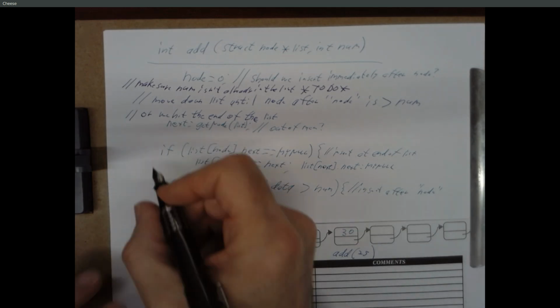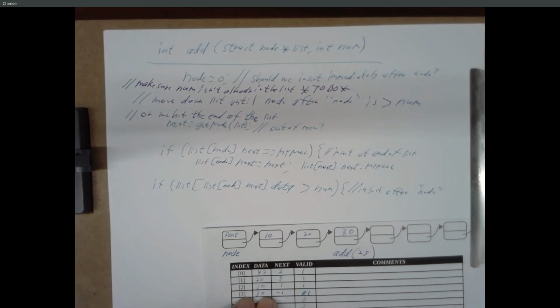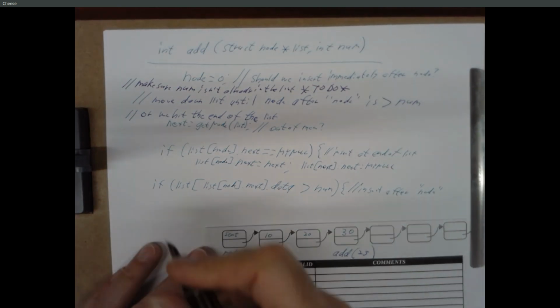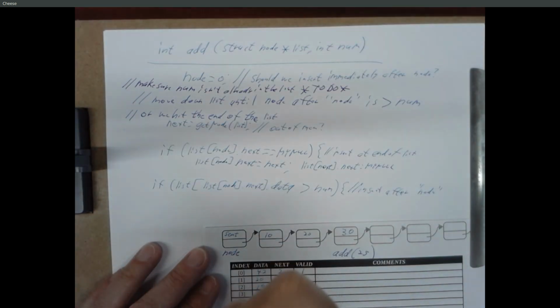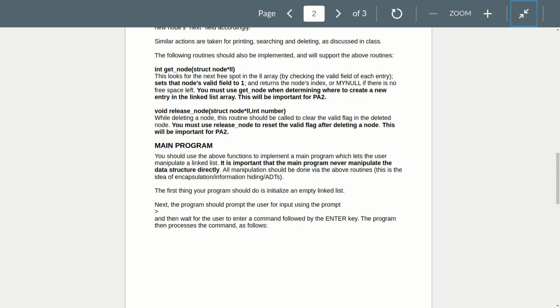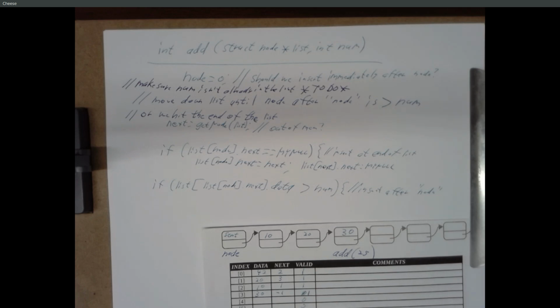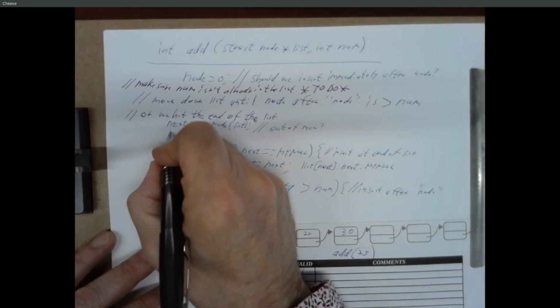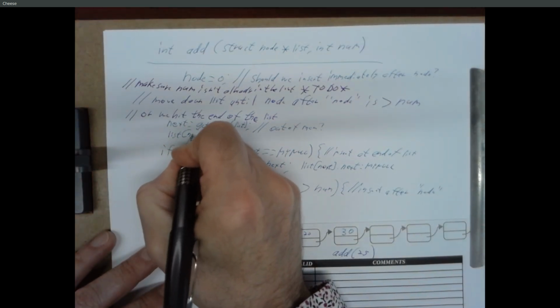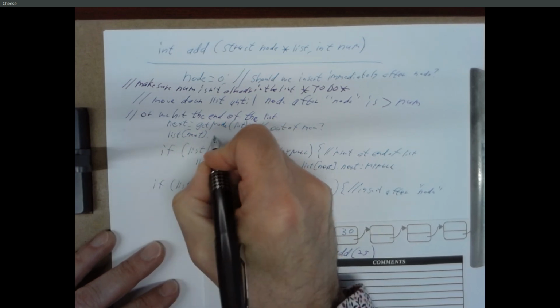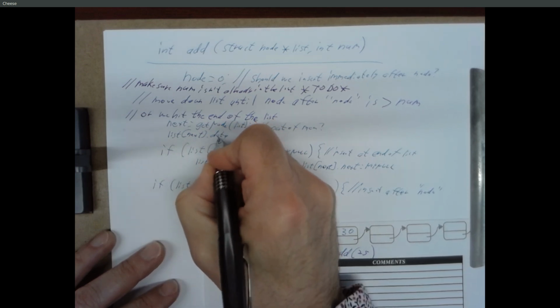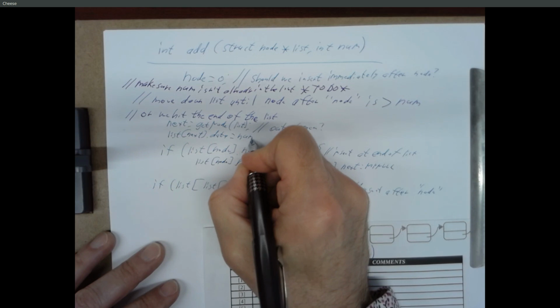And when we got our node, we also wanted to set its data value and its valid flag. Does getNode set the valid flag for you? I have a feeling it does. Yes. So we need to set the data value, so list bracket next dot data equals num.